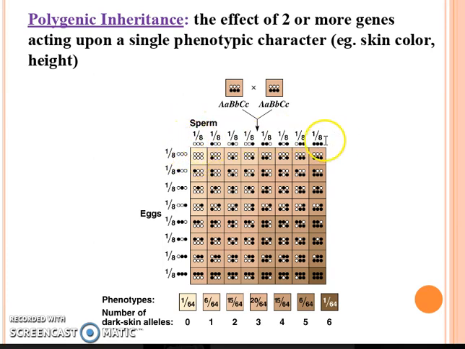Though if you have more dominant alleles, then you would end up having a darker skin color. So this is why when it comes down to skin color, there's usually a median, a middle layer that you find a lot of skin tone to be, and then there's a variation of either getting darker or lighter from that. So the idea is that the more dominant alleles you have, the more of the trait you see. This is also how height works as well.